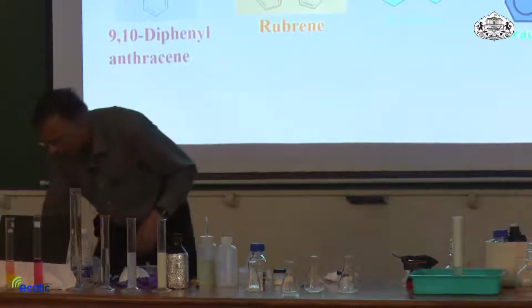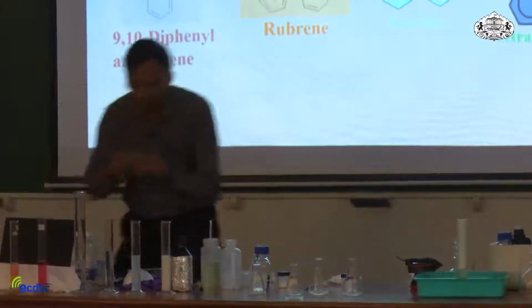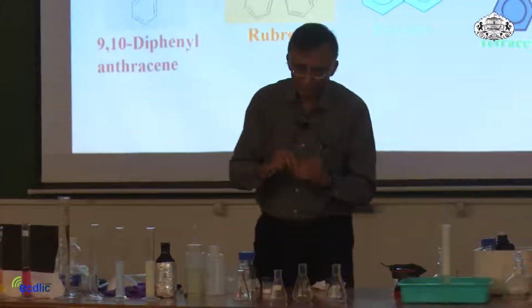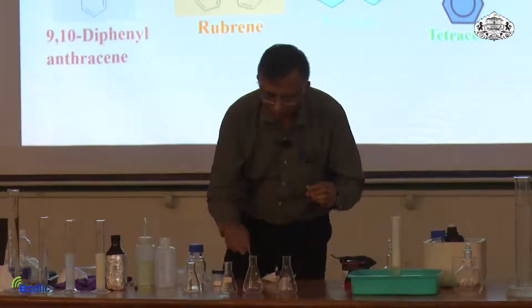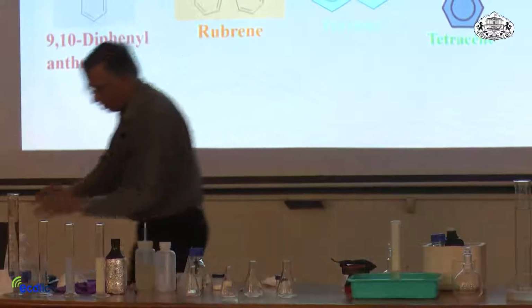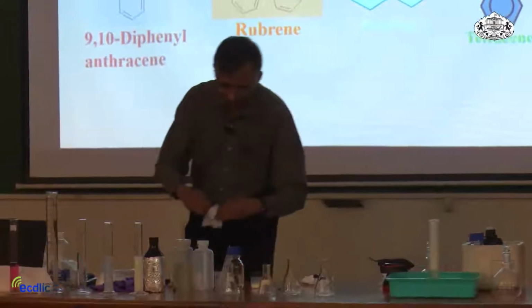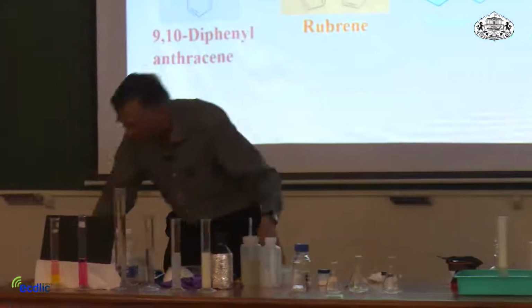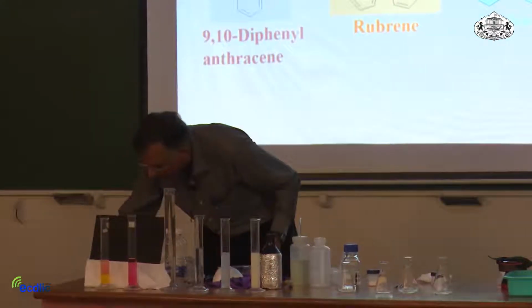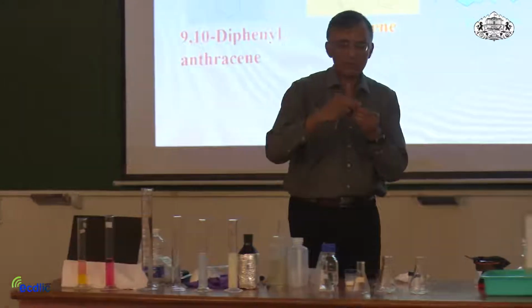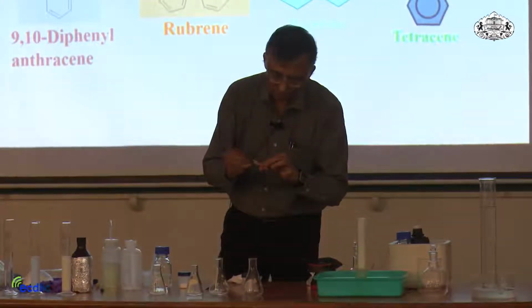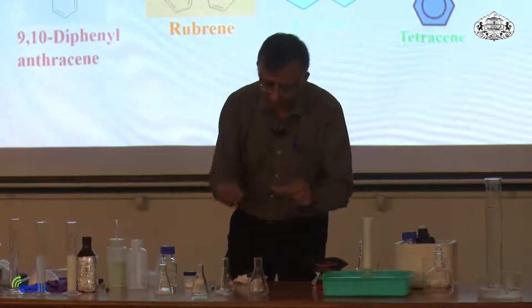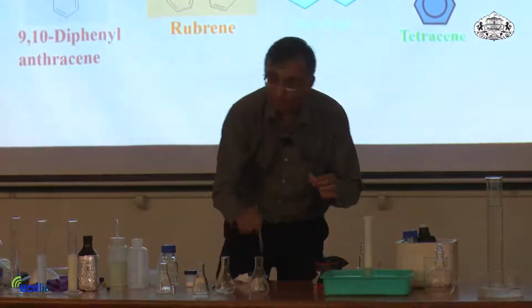Perylene in fact is very stable and rather inexpensive. Perylene derivatives are used in various kinds of applications, like the beautiful red colored cars that you see. Paints are typically done with perylene, and the last one is tetracene, which as I said is very expensive, and I am probably going to use about 500 rupees worth of tetracene here.